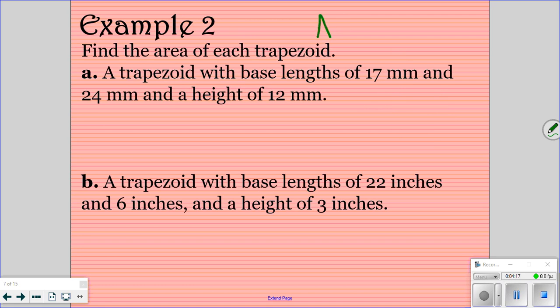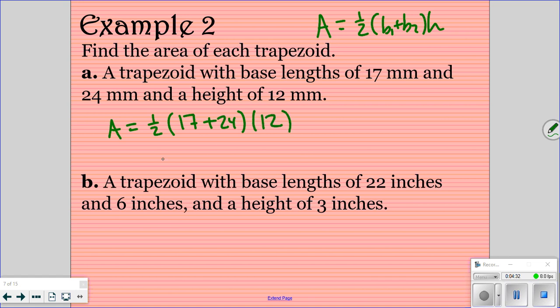Our formula is 1/2 times B1 plus B2 times the height. The bases are 17 and 24, and the height is 12. So if you plug that in, 1/2 of 17 plus 24 times 12 should give you 246 millimeters squared.